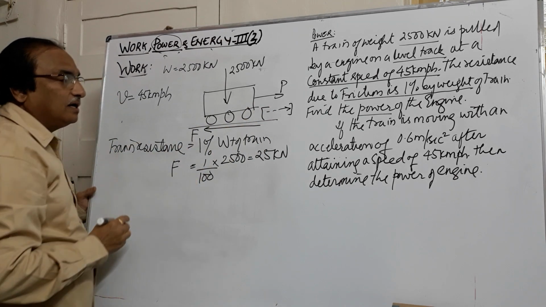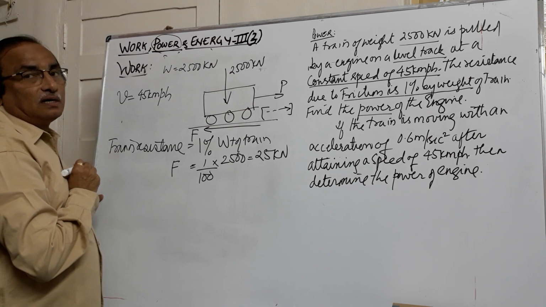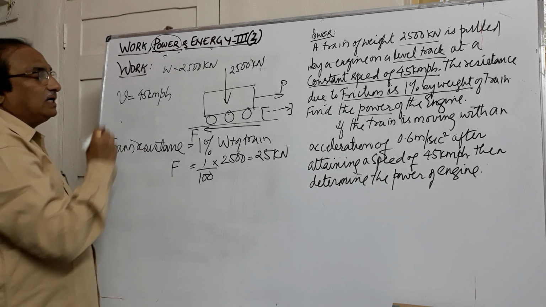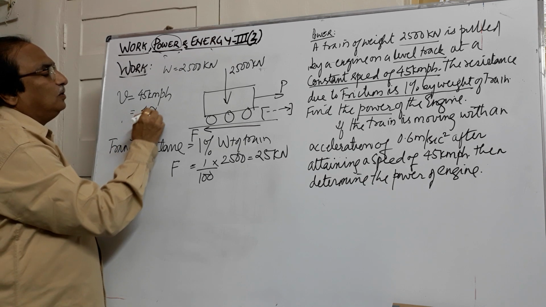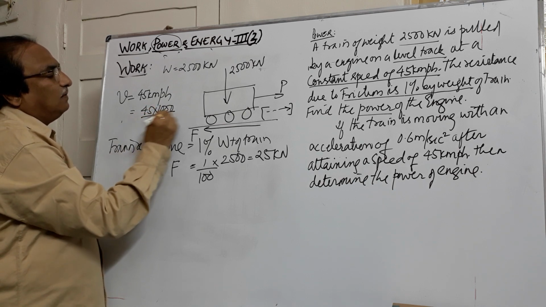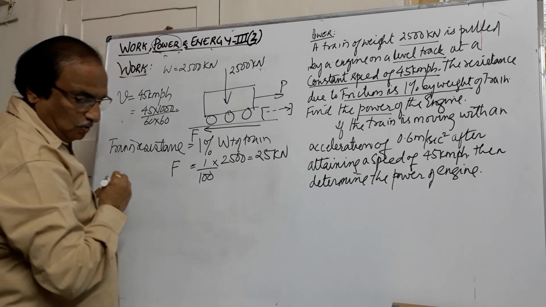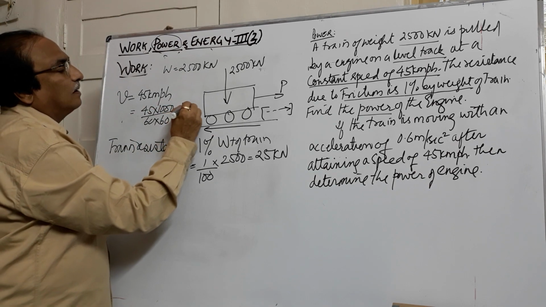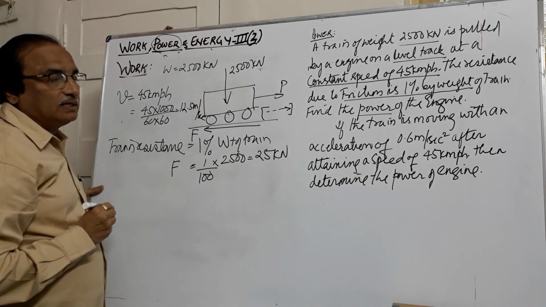Now here we have got the velocity in kilometer per hour. We want to convert it in meter per second. So this will be 45 into 1000 divided by 60 into 60. So you get this value of 12.5 meter per second.